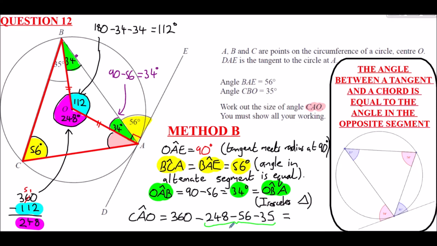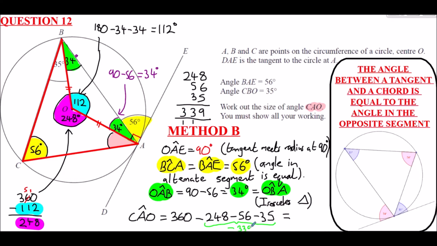So all in all, what are we subtracting? Well, we can add up the total of what we're subtracting. So 248 plus 56 plus 35. 8 plus 6 plus 5: 8 plus 6 is 14, plus 5 gives us 19, so put 9, carry 1 along. 4 plus 5 is 9, plus 3 is 12, plus the 1 we're carrying is 13, carry over 1, then 2 plus 1 is 3, so we get 339.